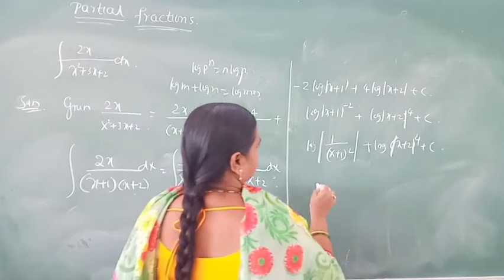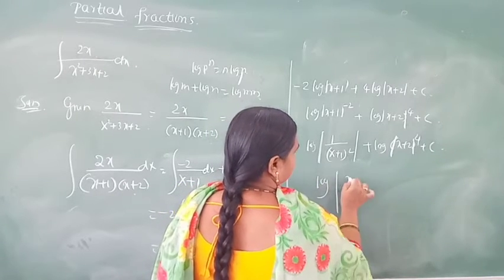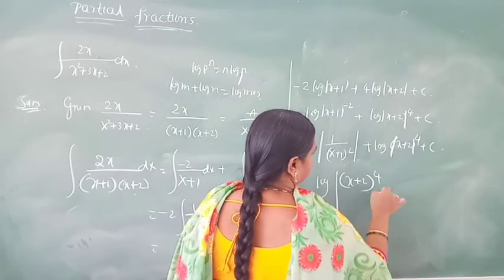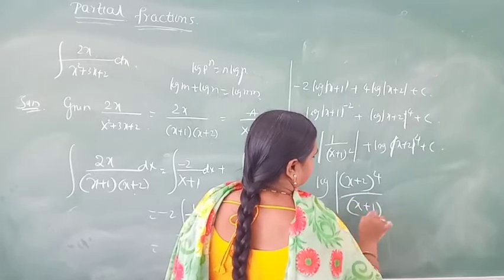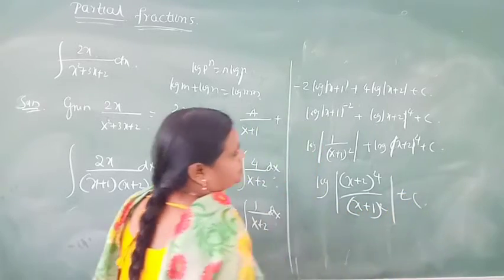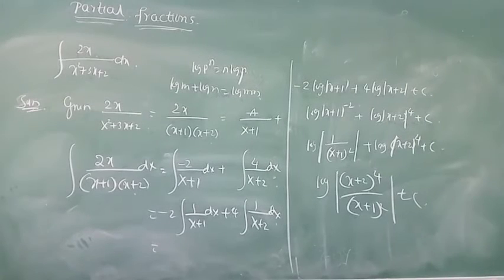We get log of modulus of x plus 2 to the power 4 divided by x plus 1 the whole square, plus c. This is how we can do the example.